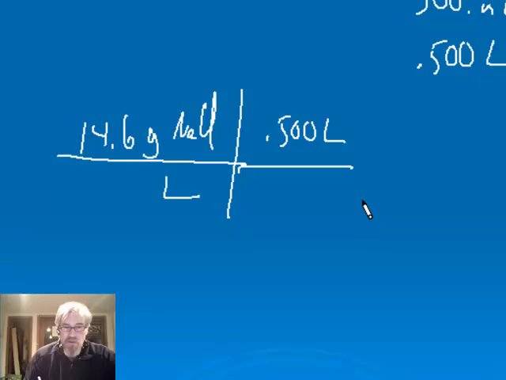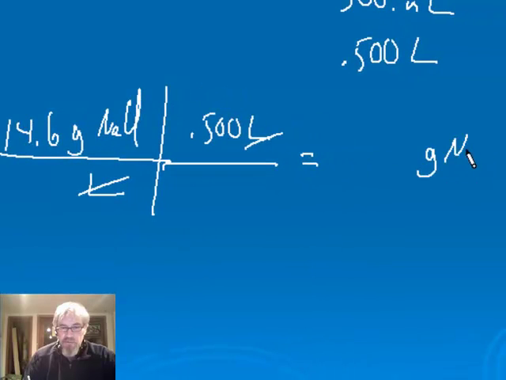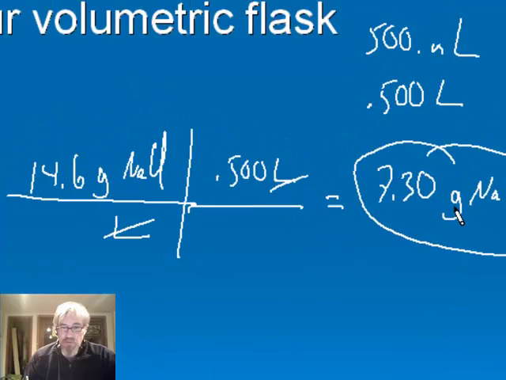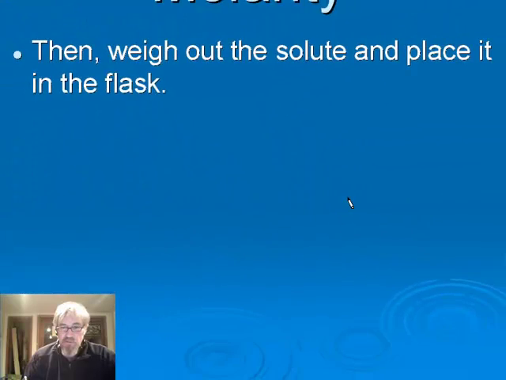Well, you can see what's happening here. I'm just making a half a liter, so I would need half as many grams. Liters cancel out. I'm going to get grams of NaCl, and half of 14.6 is 7.30 to 3 sig figs. So that's how much I'd have to weigh out. Next step, actually weigh out the solute and put it in the flask.